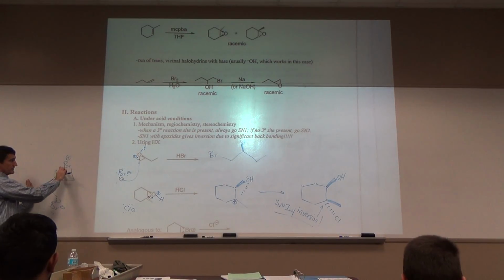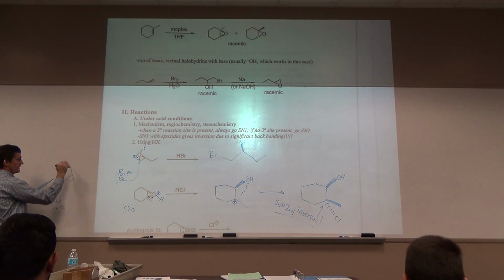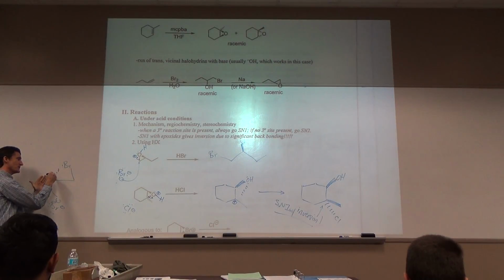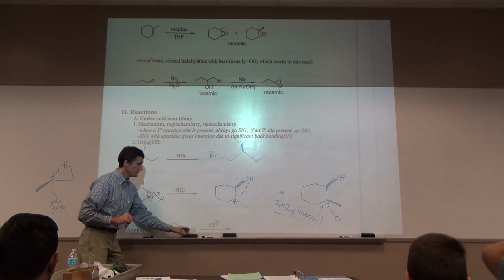Because this bromine doesn't like to be bonded. It breaks away. And if it broke away, you'd get that. But it's so much interaction here that's why you get inversion. Okay? It's analogous to the bromonium chemistry.